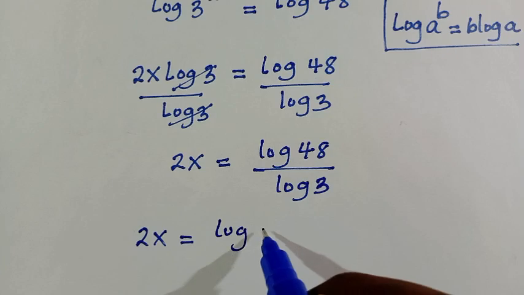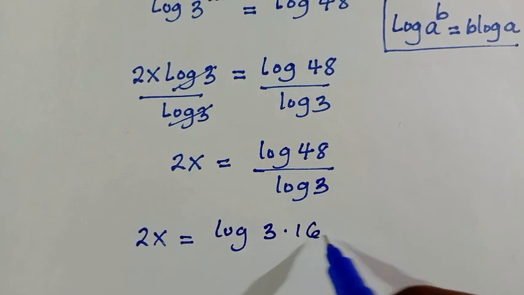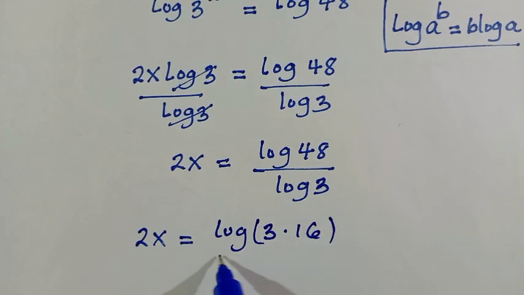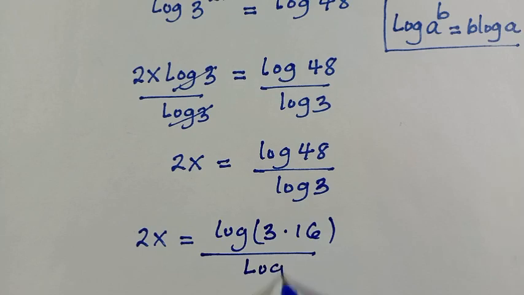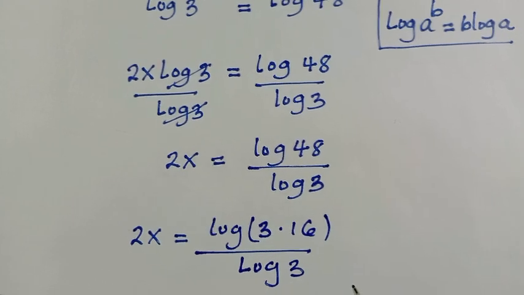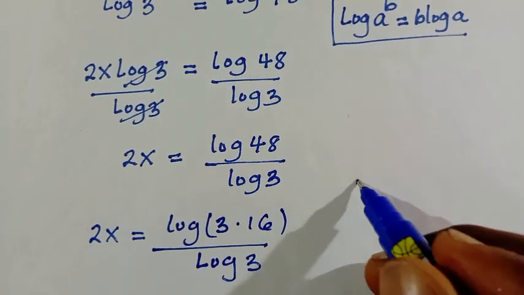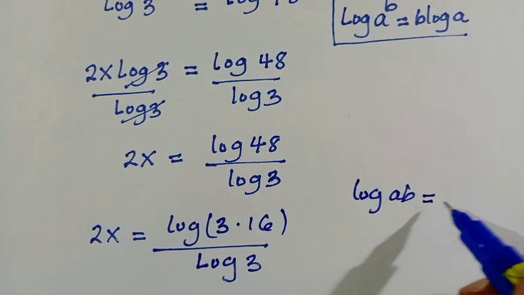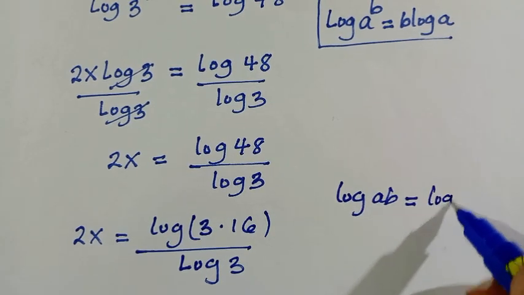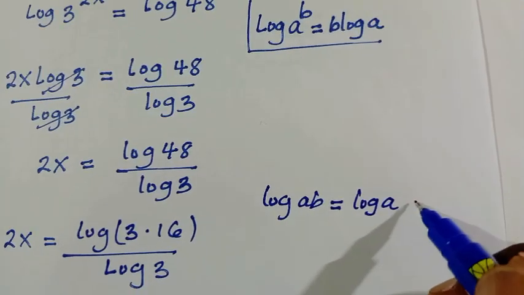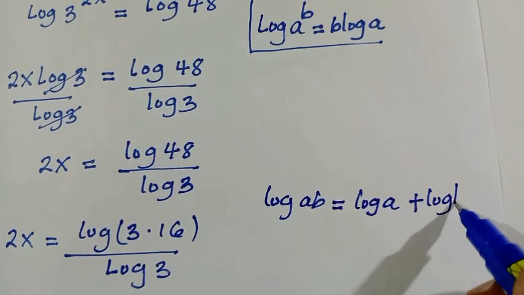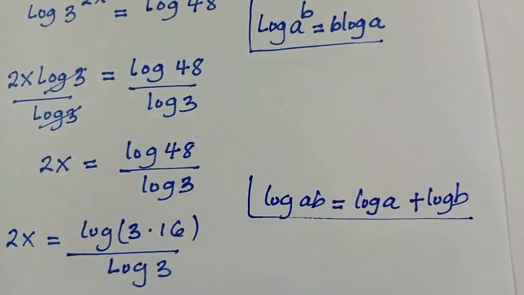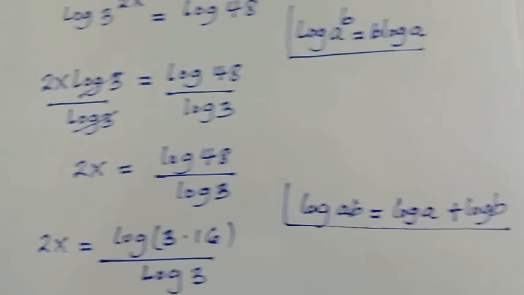We can write it as log 3 multiplied by 16 divided by log 3. And when we have log a multiplied by b, this equals log a plus log b. So let's consider this identity as well.